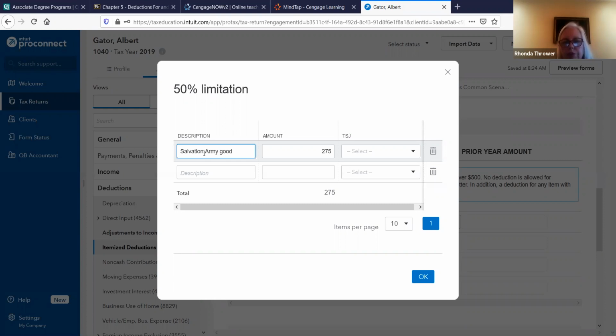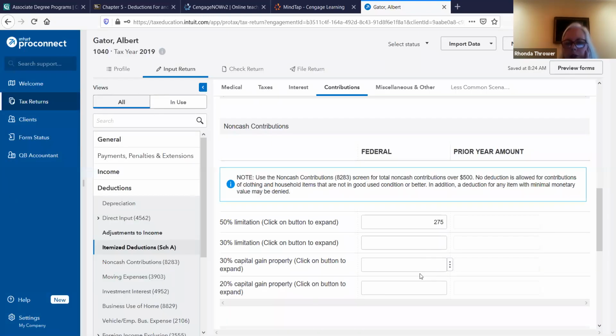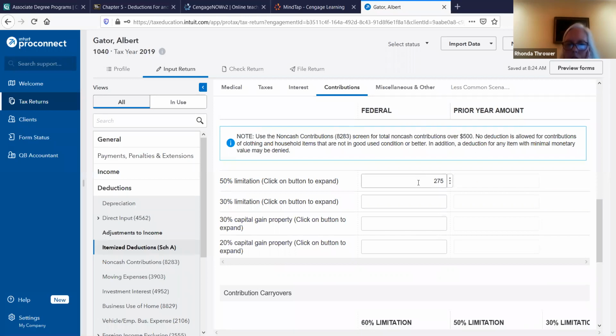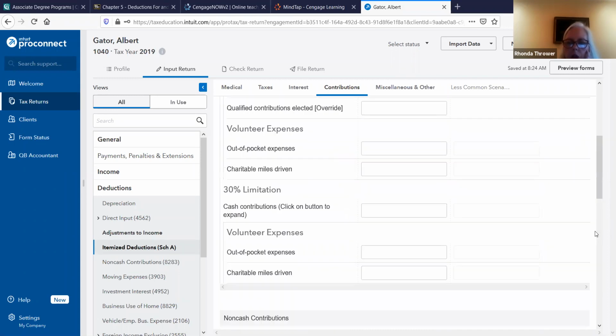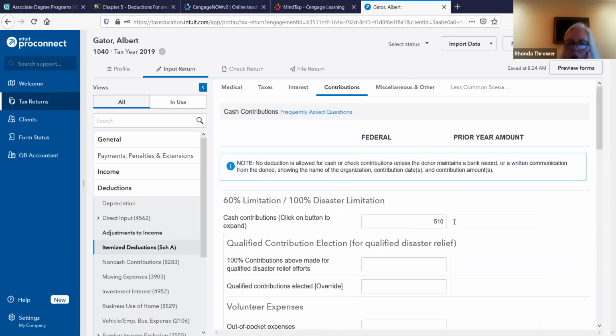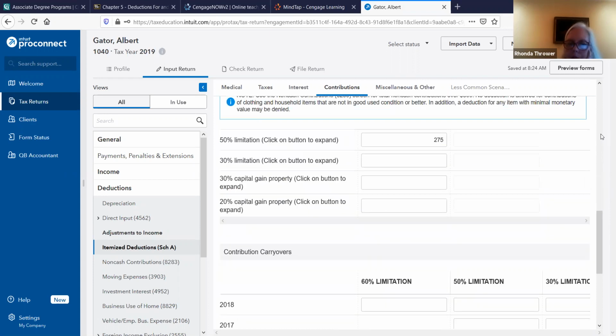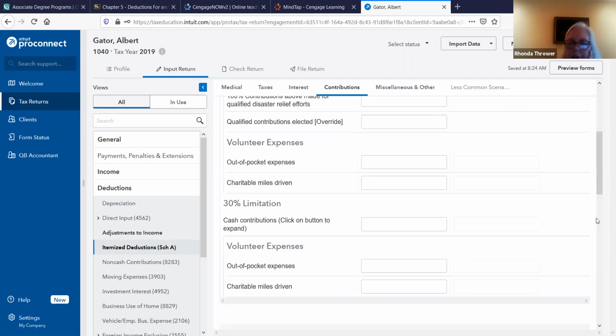Good clothes, because it needs to be in good condition for you to be able to take that deduction. And you tell it okay. And that is your non-cash deductions. And so we only had 2 of those. It was to the church for cash deductions, and the non-cash deductions you would put down here under non-cash deductions.